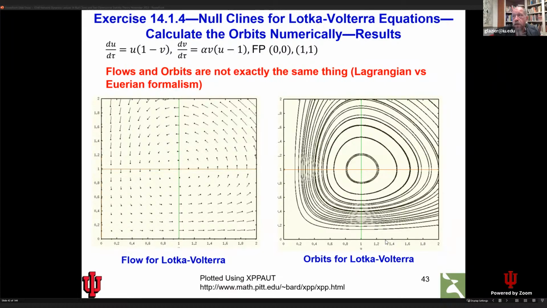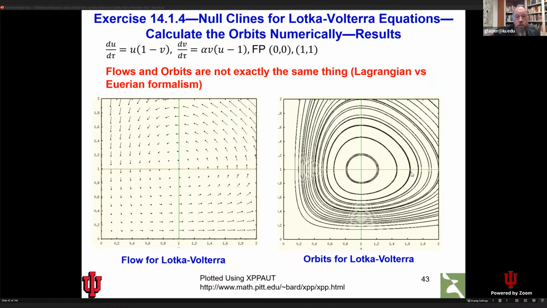Something that is worth mentioning, and we're going to see this more in a few minutes, is what are called the Lagrangian versus the Eulerian formalism. In one case, I evaluated each point, what direction I'd move. In the other case, I take a single point and I follow its trajectory in time.